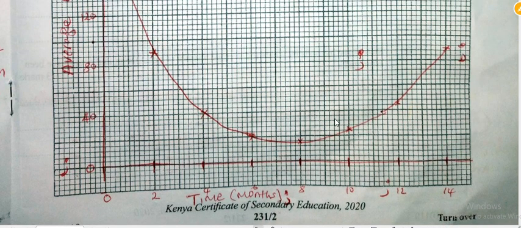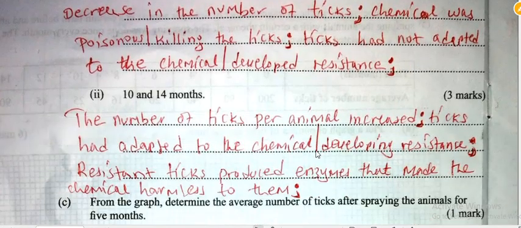You can see the average number of ticks is increasing. The number of ticks per animal increased because the ticks had adapted to the chemical or had developed resistance, and the resistant ticks produce enzymes that made the chemical harmless to them.